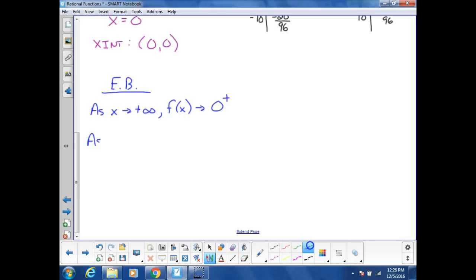As x approaches negative infinity, my function approaches 0, but from below.